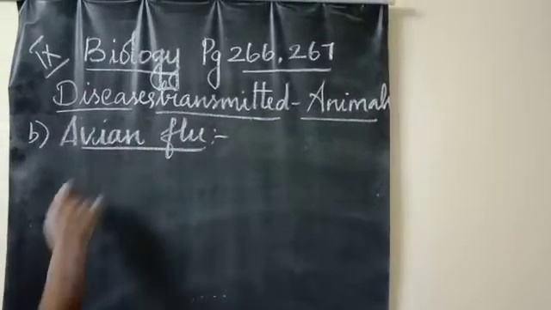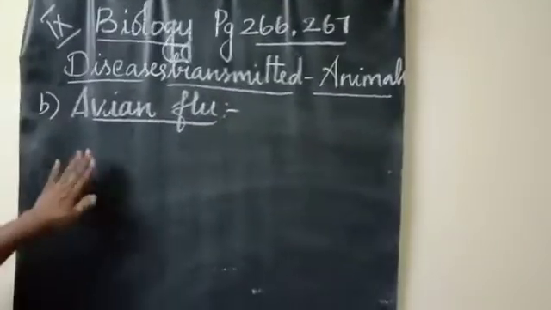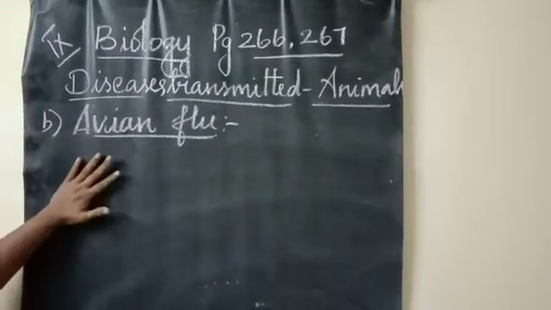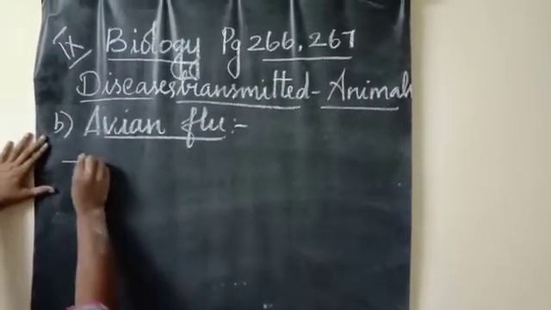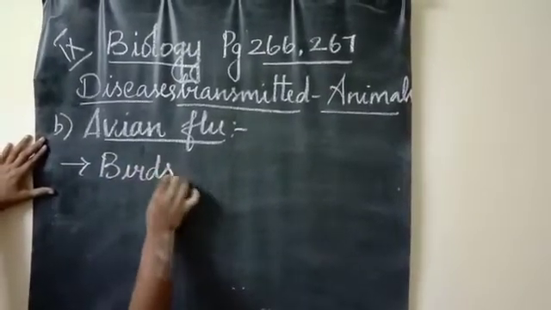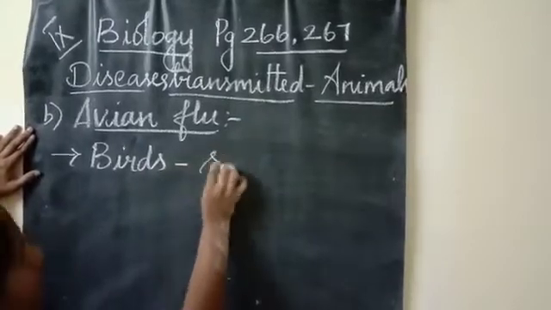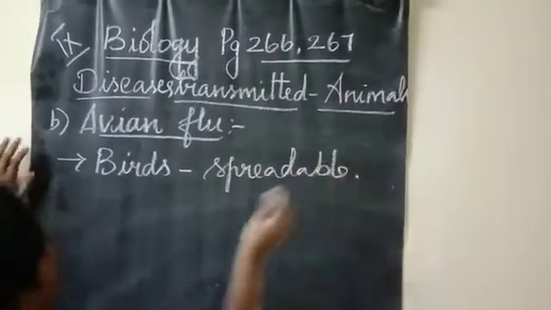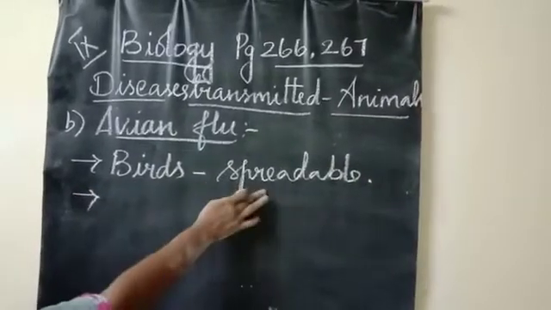Next, we are going to talk about avian flu. Avian flu is caused by birds actually. It is caused by birds and is highly spreadable. That is, it is contagious, we can say.